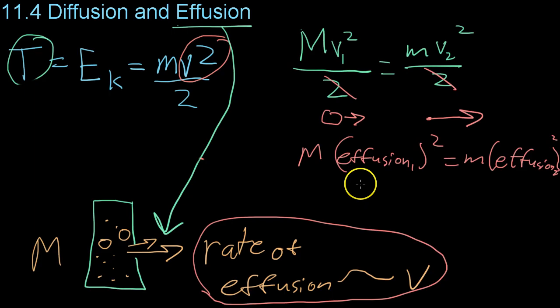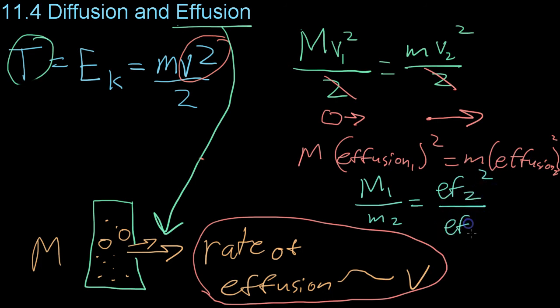Now once you do some rearranging, you can see that mass 1 over mass 2 will equal the rate of effusion of 2 squared over the rate of effusion of 1, also squared.